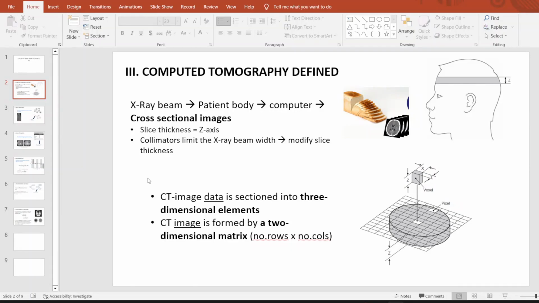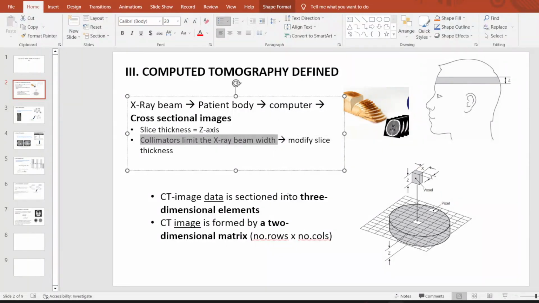Well, let me give you a simple explanation. The slice thickness is controlled by the beam width, and the beam width is controlled by the collimators. As you can see right here, the collimator limits the X-ray beam width, so the collimator also has the ability to modify the slice thickness. There are two kinds of collimator.